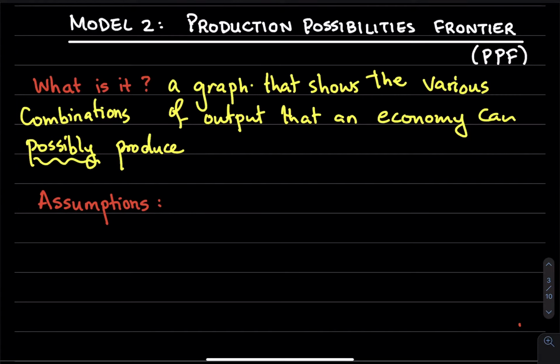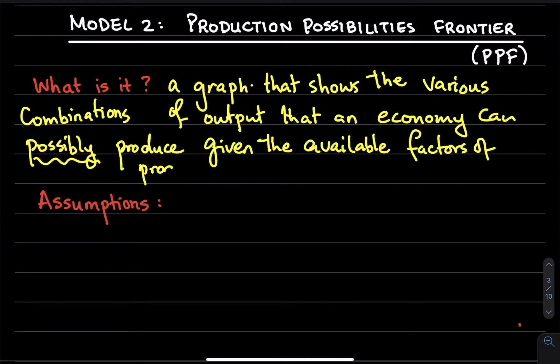The word possible is important here, possibly produce, given the available factors of production.